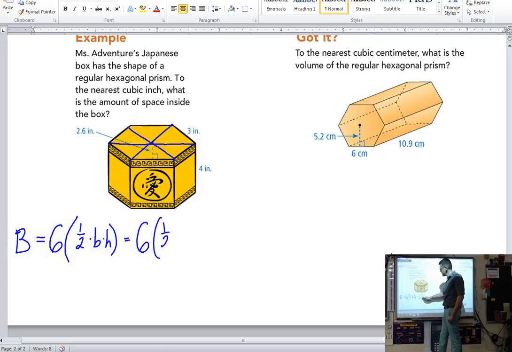Okay, so my little b is the edge of the triangle here, which I'm told up here is 3, and the height over here I'm told is 2.6.